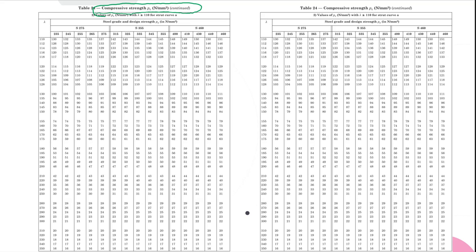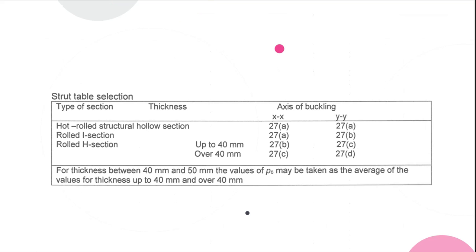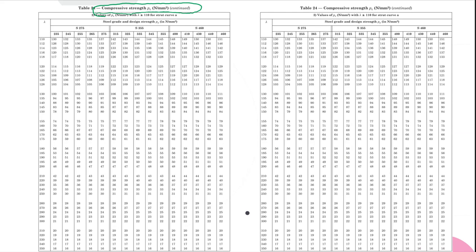But here we look at the compressive strength, which is PC, and to check the PC of the section that we calculate, we need to look at the strut table section, this one. Ignore this 27, it is just the name of the table. If you look here there is curve A, so it is just a continuation.